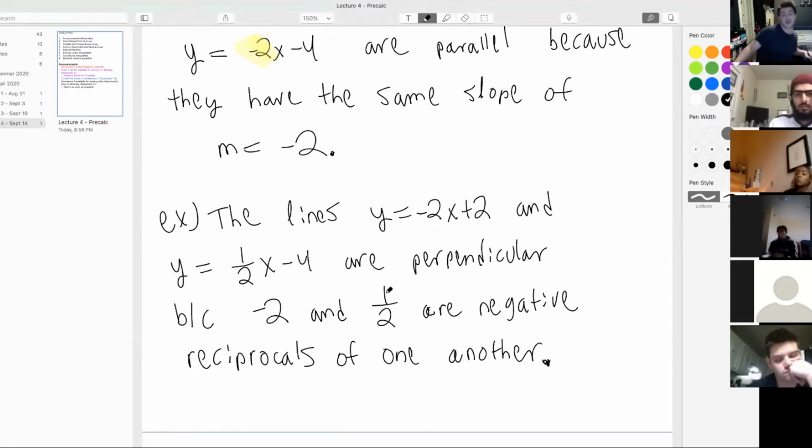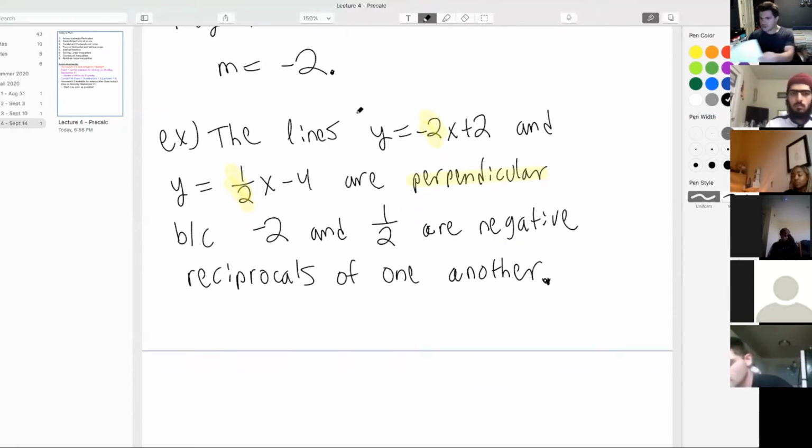Just like you said, they are negative reciprocals of one another, which means the lines are perpendicular.